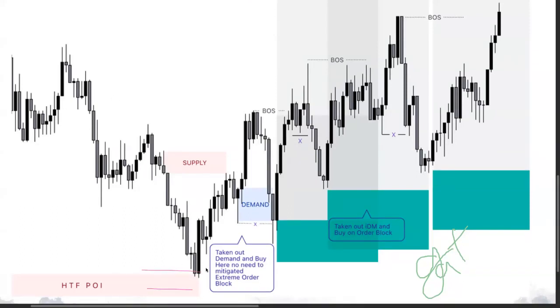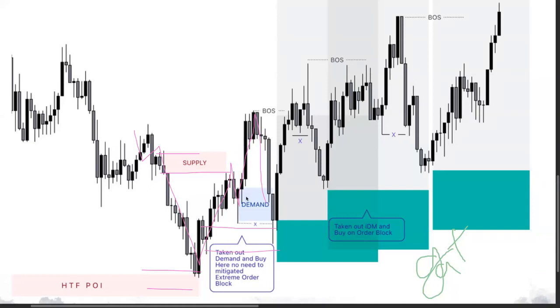Higher time frame price taps supply. This is a flip entry module. The price taps this supply here and goes higher, and we can buy, because the market gave a reaction here. Tap on this unmitigated order block, right? We can buy here.